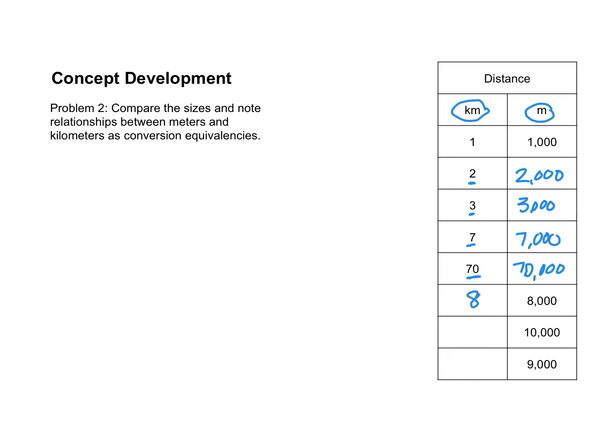Well, that would be 8 kilometers. How about 10,000 meters? That would be 10 kilometers. Remembering that 1,000 meters is 1 kilometer, 9,000 meters would be 9 kilometers.